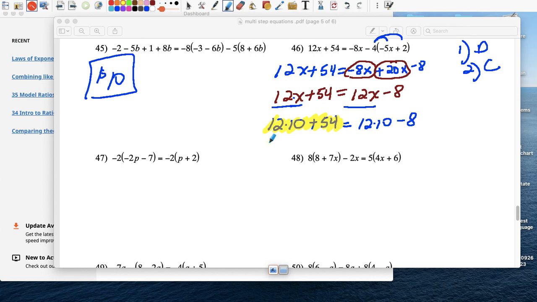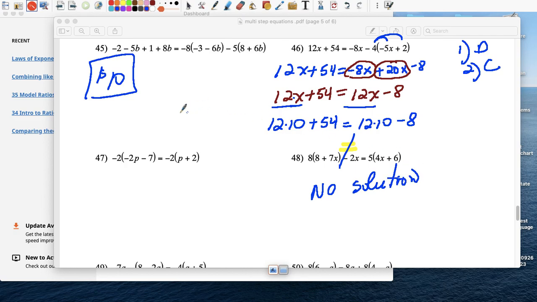On both sides, I gave them $10 each. Both sides got to multiply that $10 by 12, but one side got a bonus of 54, and the other side got a penalty of minus 8. So the left side will not ever equal the right side. So this one, there's no solution.